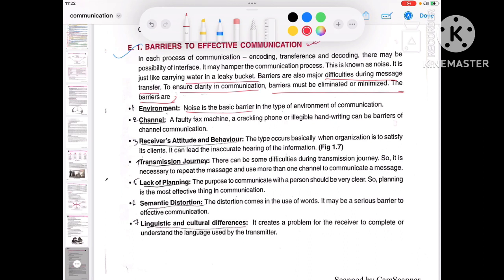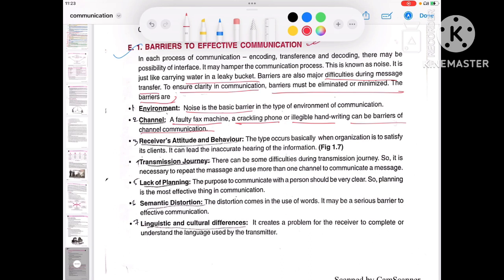The second one is the channel. Channel means a fault in the medium we were using. A faulty fax machine, a crackling phone, or illegible handwriting can be barriers of channel communication. If it is not written properly, the patient or others are not able to read it, so that is poor communication.